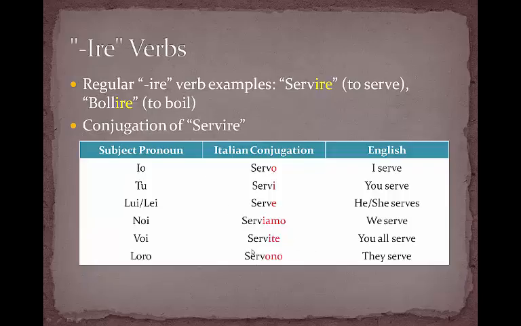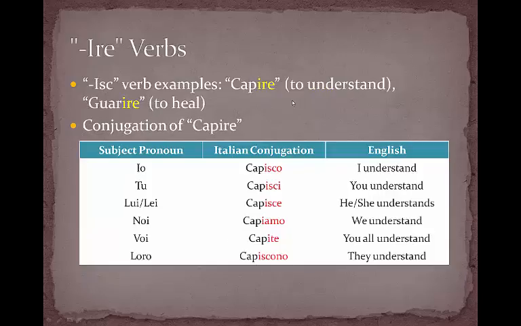So once again, if you want a way to help remember them, ere and ire are very closely related, and that's going to be true for other tenses as well. And we can do the same thing with bollire if you want. Bollo, bolli, bolle, bolliamo, bollite, bollono. Obviously they're not written there, but this is going to hold for all regular ire verbs.